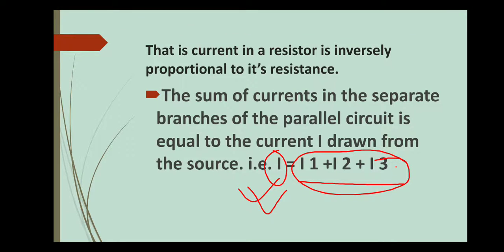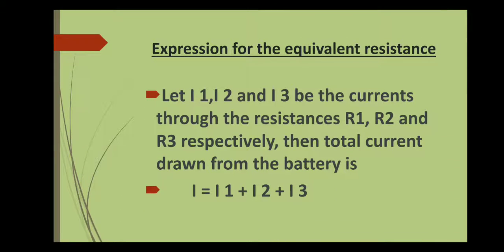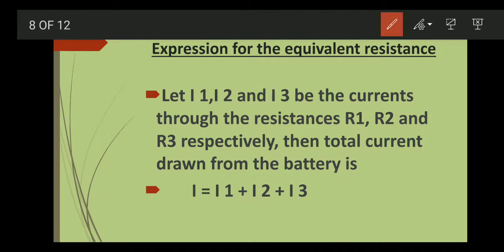Now let's discuss the expression for the equivalent resistance. If we are discussing the parallel combination of resistors, how will we find out the equivalent resistance? Suppose I1, I2 and I3 are the currents through the resistances R1, R2 and R3.